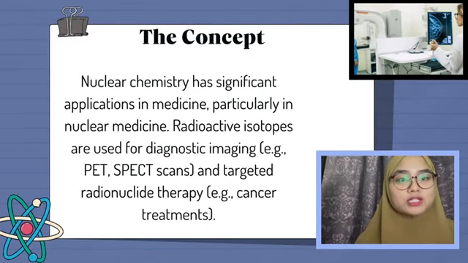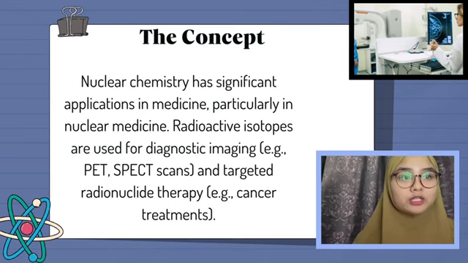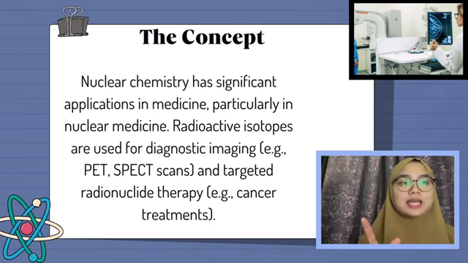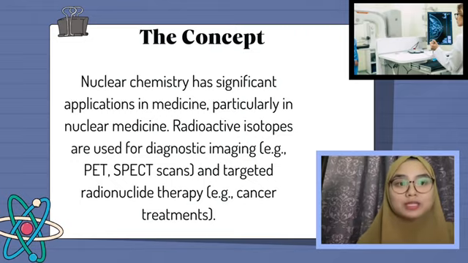For the concept, nuclear chemistry has significant application in medicine, particularly in nuclear medicine. Radioactive isotopes are used for diagnostic imaging, like Go Chi-eun mentioned, which is PET and SPECT scan, and targeted radionuclide therapy, like cancer treatment.